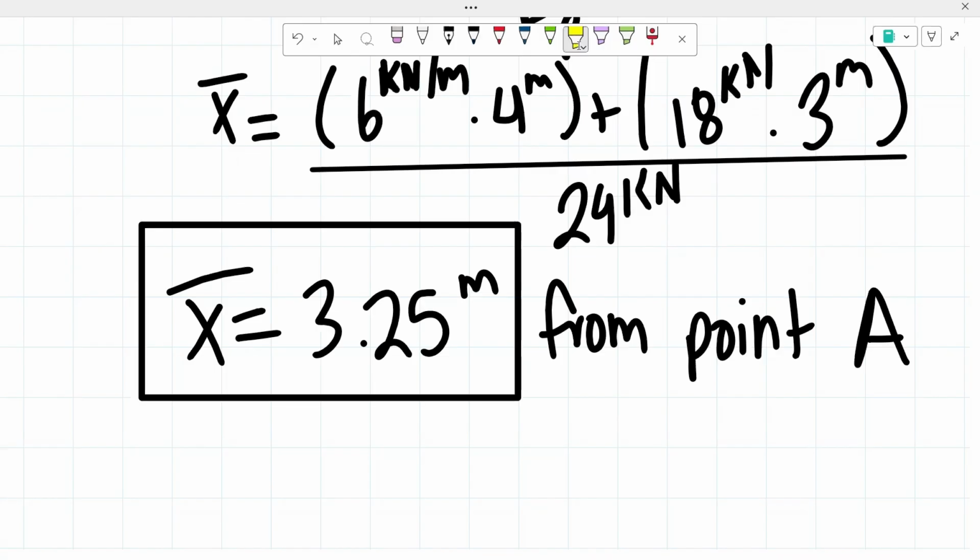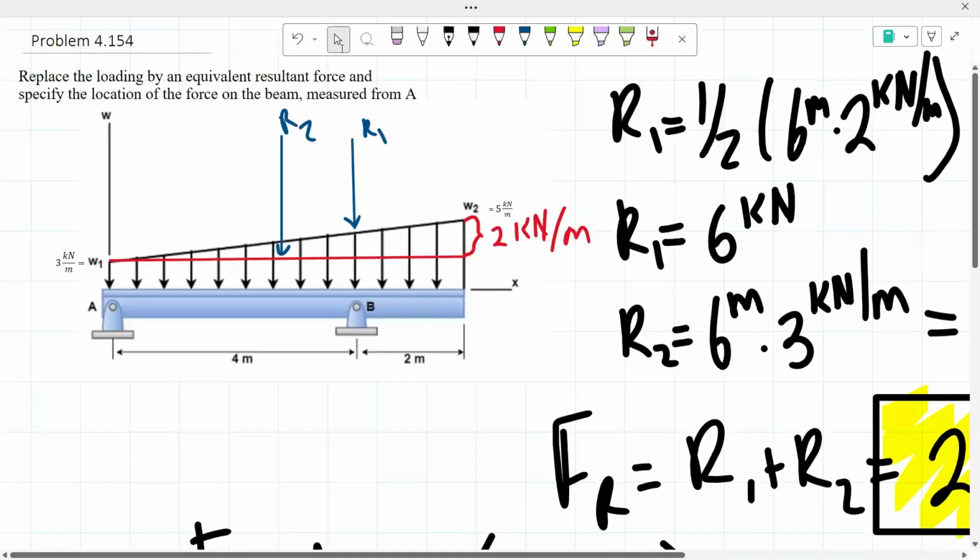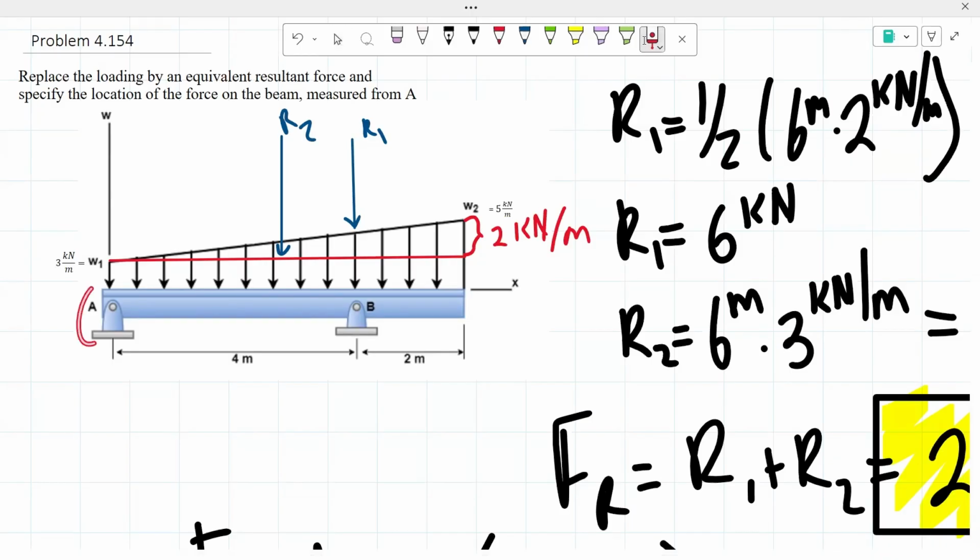And just like that, we were able to finish problem 4.154. Once again, this problem was asking us to replace the loading by an equivalent resultant force and to specify that location from point A. To determine our resultant force, we split this shape into two shapes that we could deal with, a rectangle and a right triangle. From there, we found the concentrated force of both of those shapes.